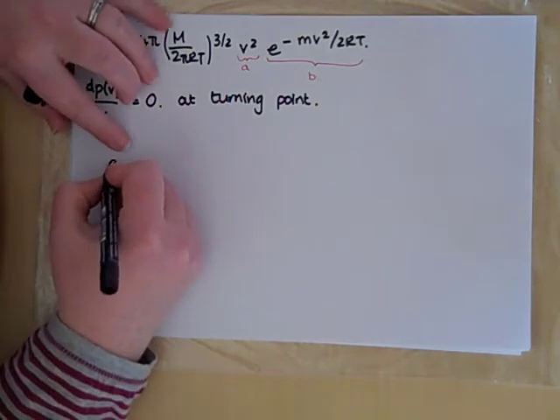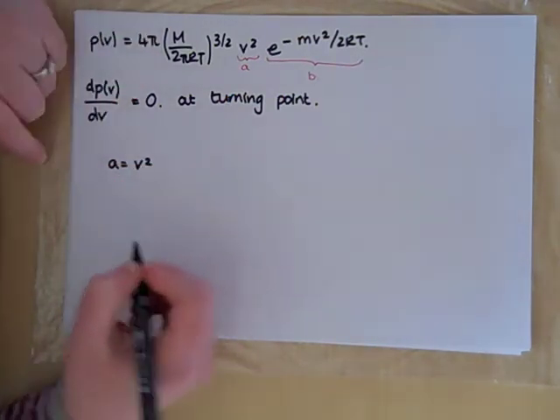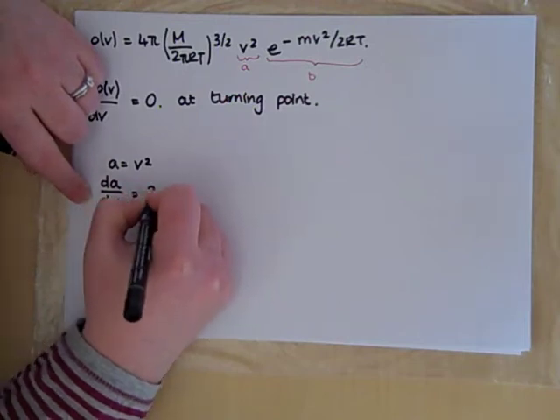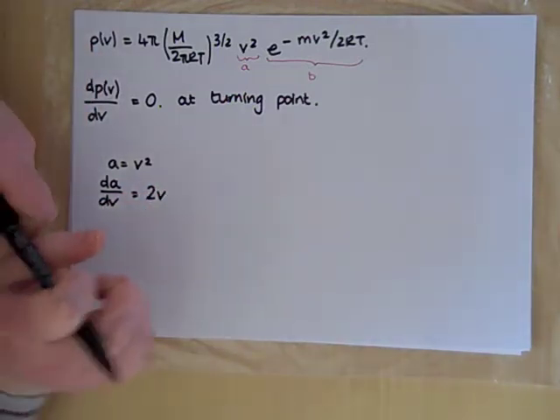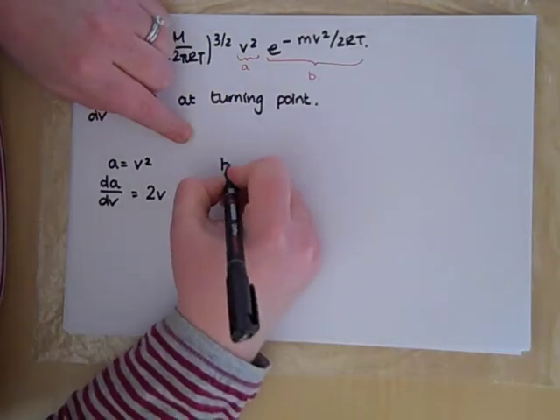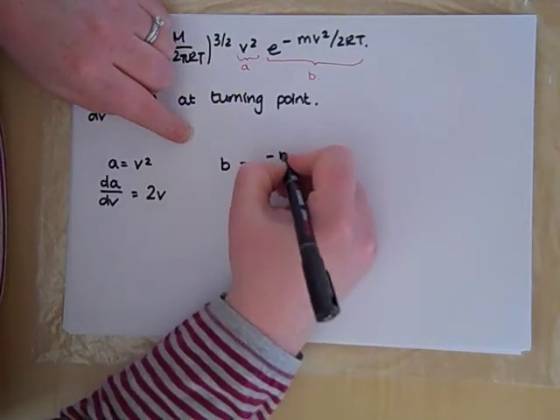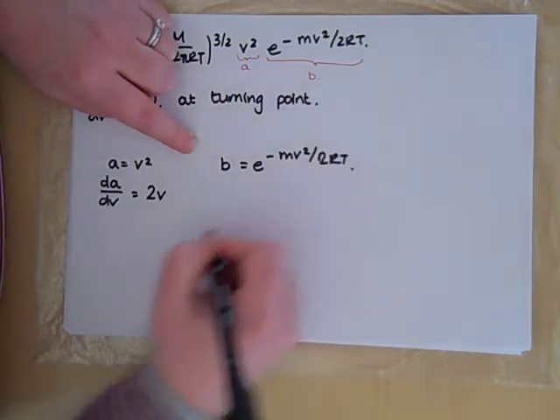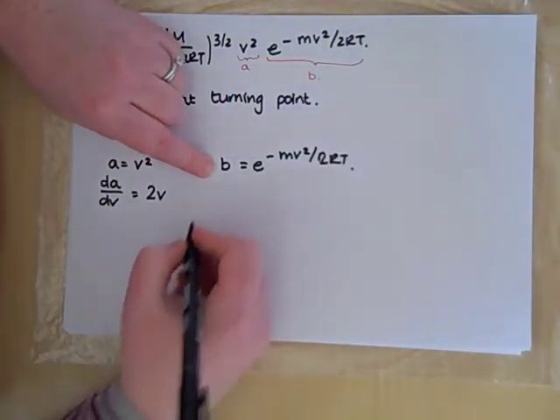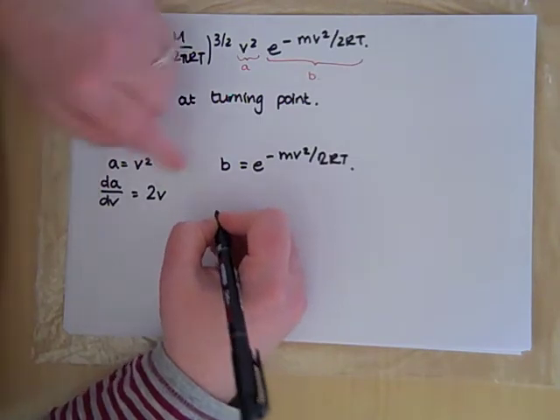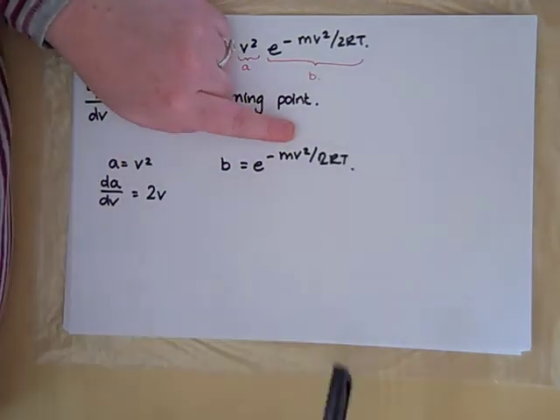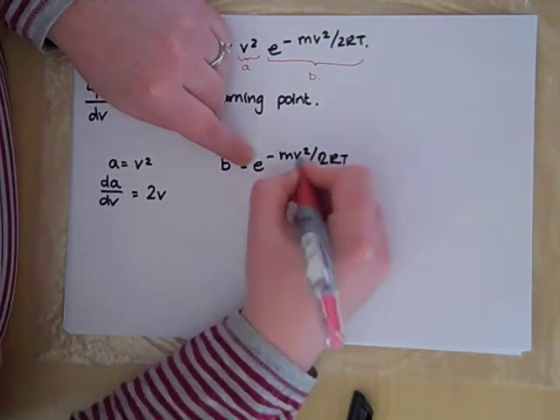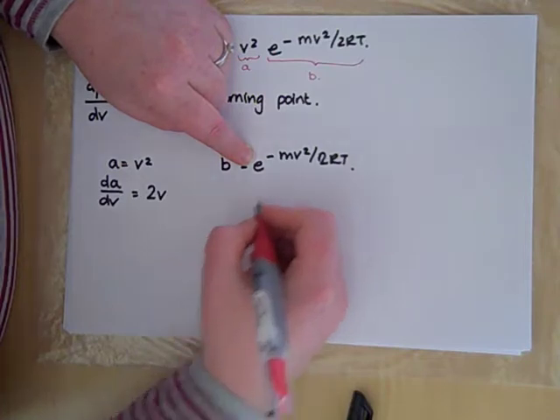So A is equal to v squared, and therefore dA by dv is equal to 2v. Now I've got B is equal to e to the minus mv squared over 2RT, and so I need to differentiate B with respect to v. But this time I'm going to need to use the chain rule. Here I've got a function of a function, which is the chain rule.